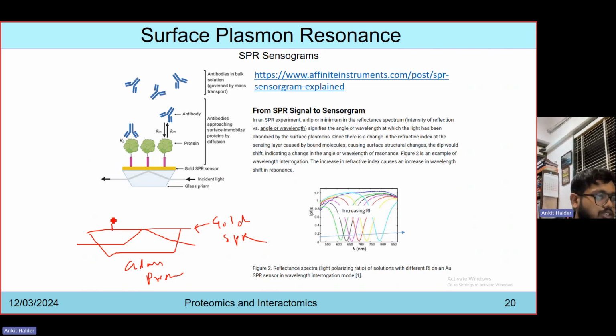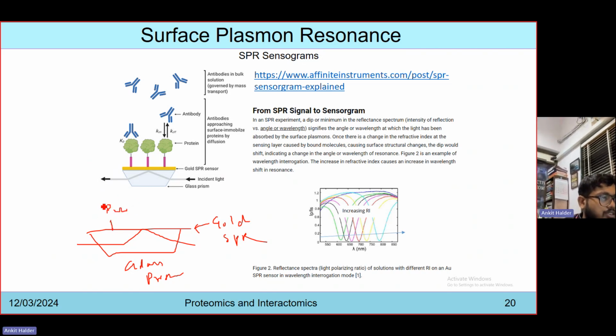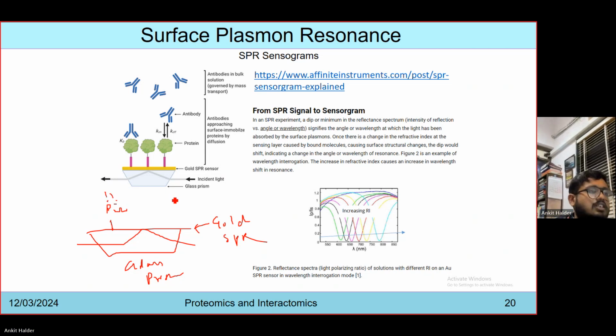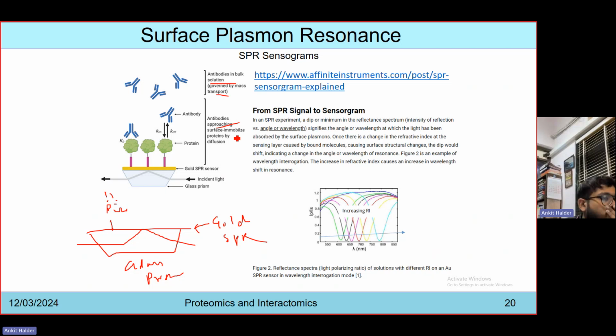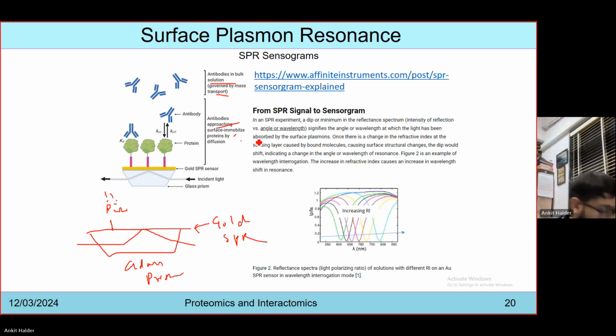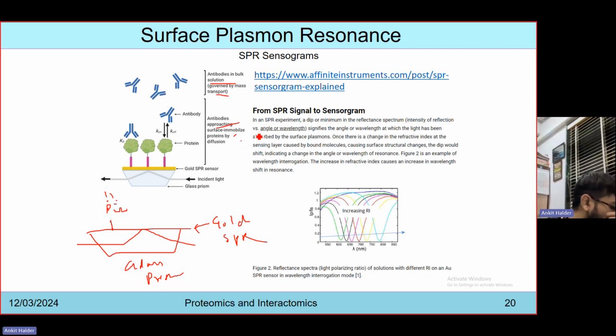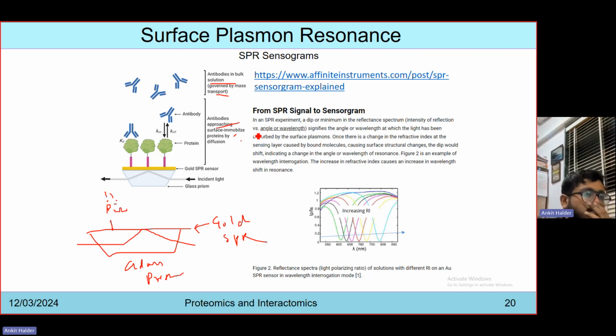You have a protein and you have an antibody. The antibodies in the bulk solution are governed by mass transport, approaching the surface-immobilized proteins by diffusion. So by the process of diffusion, they approach the surface-immobilized protein.